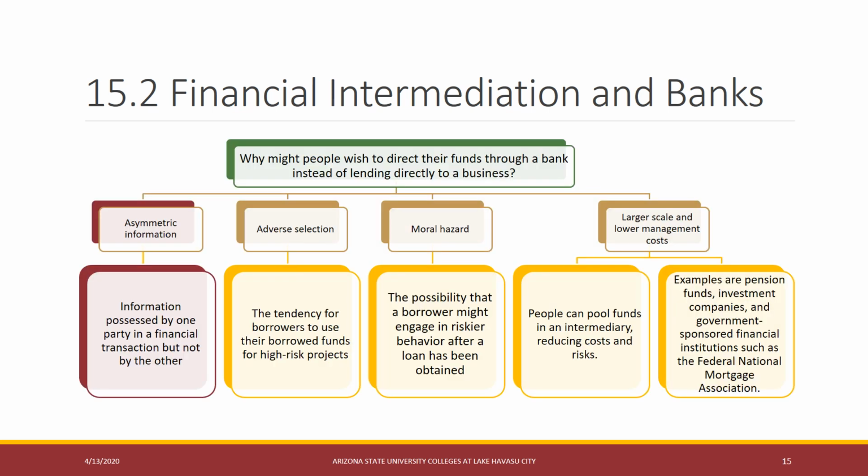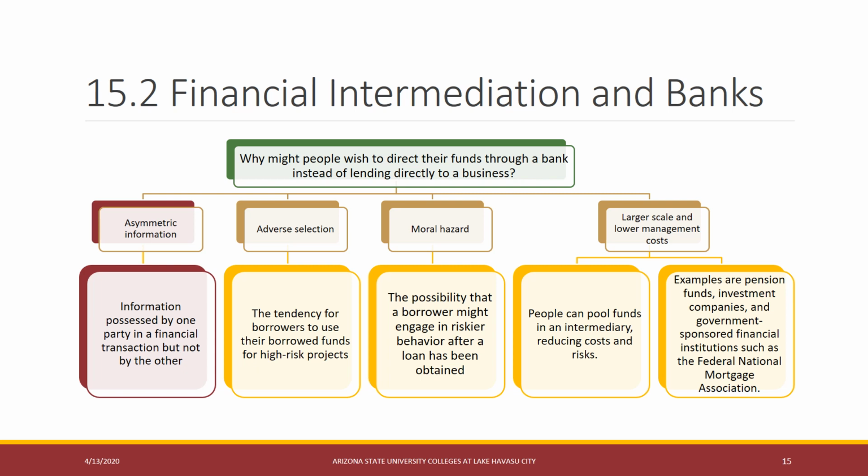So the first reason, which is also a very important reason, is asymmetric information. The businesses may have better knowledge of their own current and future prospects than the potential lenders do.